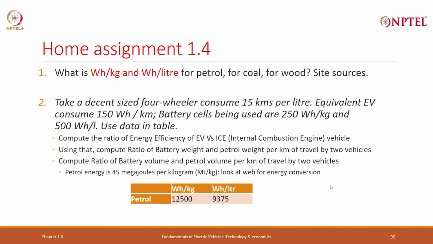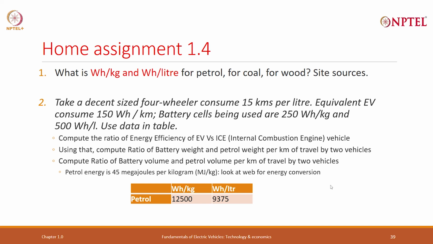There is a second question. Take a decent size 4-wheeler, which consumes 15 kilometers per liter. Not very large size, not very small, it can do better, but more or less any slightly larger 4-wheeler will take 15 kilometers per liter, which is good. Equivalent EV may consume 150 watt hour per kilometer.